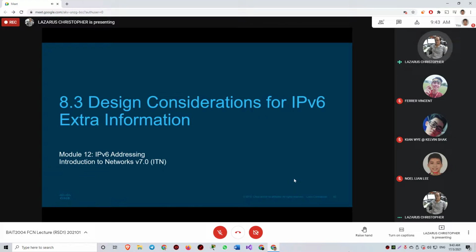Because IP version 5 was designed around 32-bit, by the time it was proposed but not yet implemented, this thing takes time. By the time they wanted to do something about it, they figured out, and there was a discussion, that 32-bit is actually too small a range.